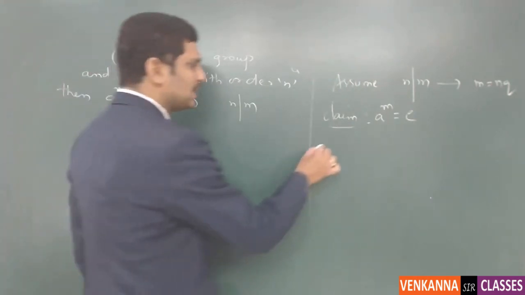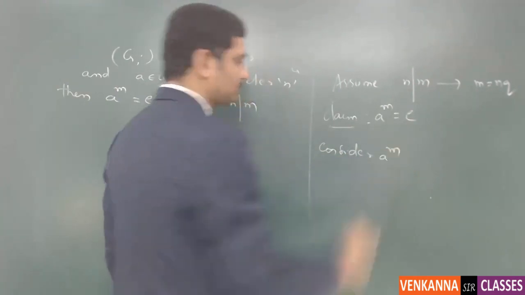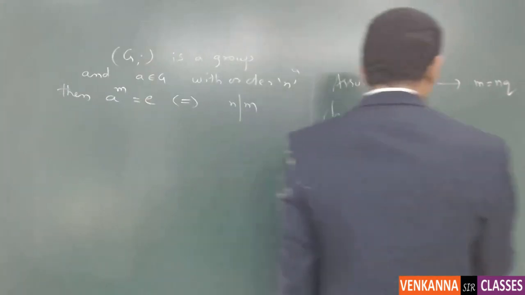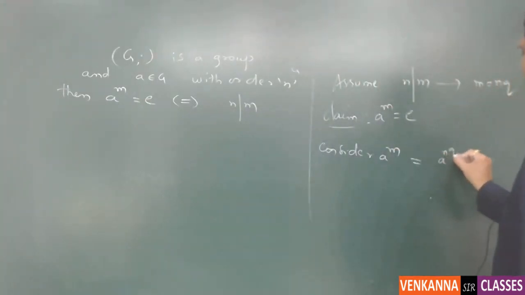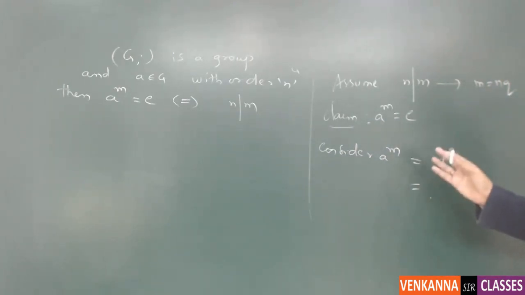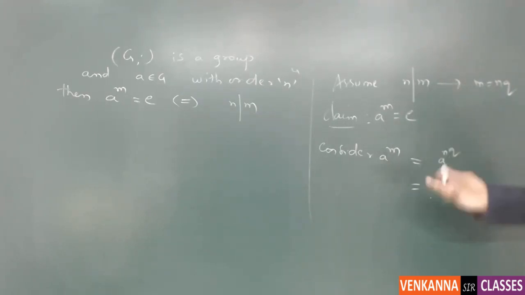Now you consider the value a power m. So it is nothing but a power nq. I have given the law of integral exponents will hold in a group: x power m into x power n is equal to x power m plus n, and so on.